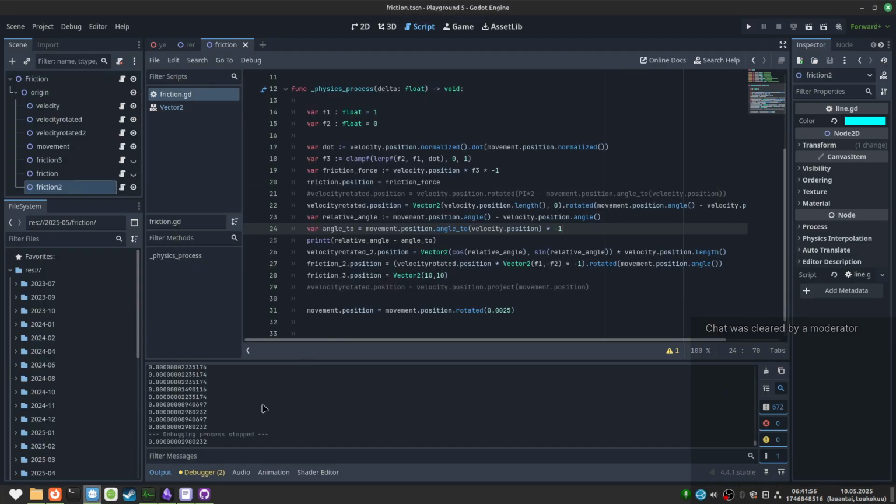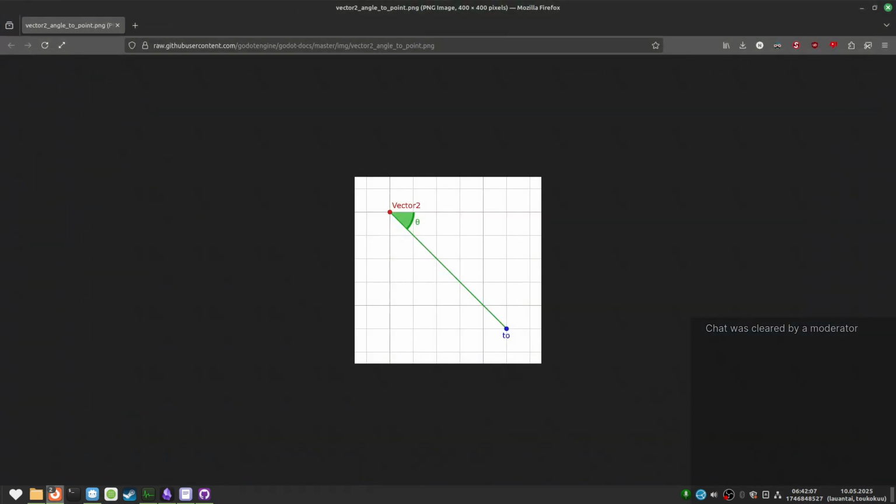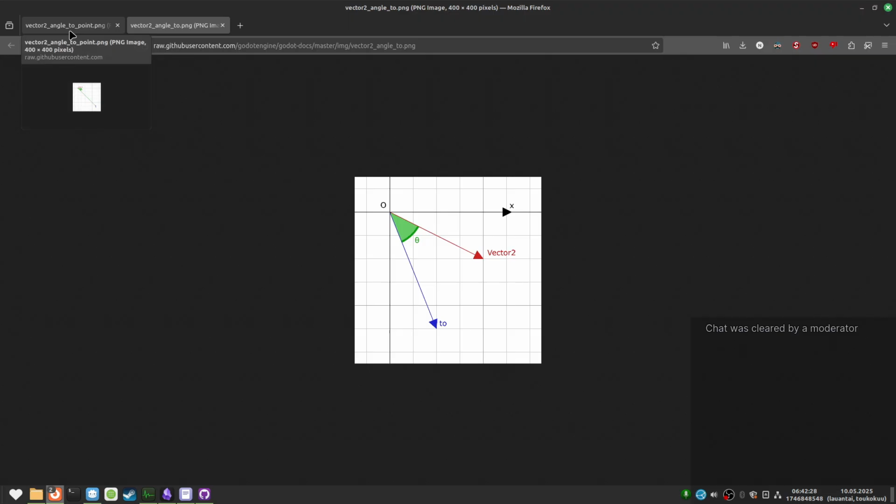Okay, so we want to get the angle between vectors. I know that's not the one. I don't know if I know this mathy math thing right here to get the angle between these two, but this is what I want. I just want this, and this also is the signed angle, which is good, at least I think so.